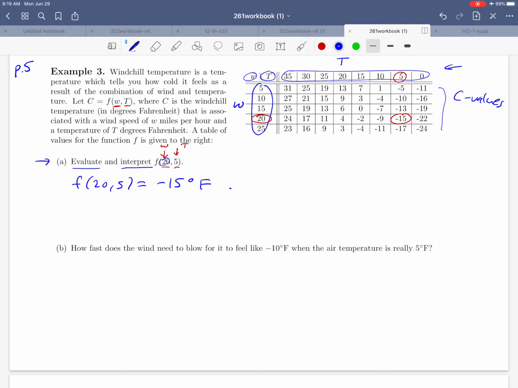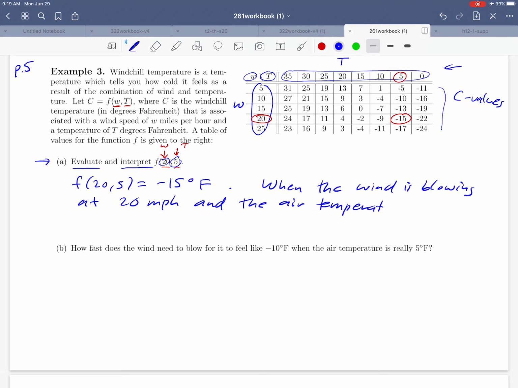So starting with the 20, that's a wind speed, and 5 is an air temperature, so we might start our statement by saying something like, when the wind is blowing at 20 miles per hour, and the air temperature is 5 degrees Fahrenheit.